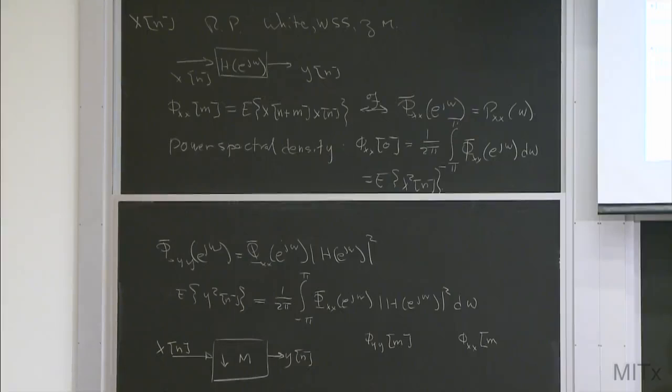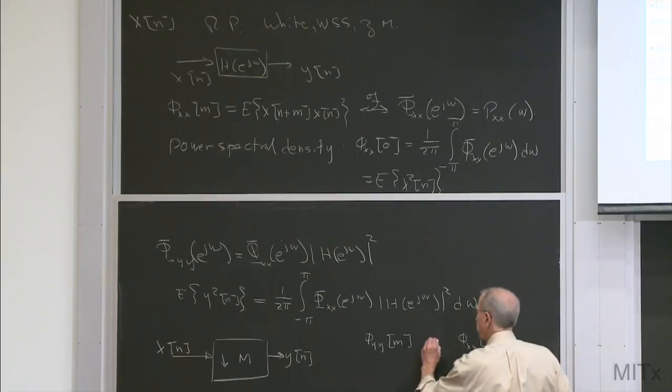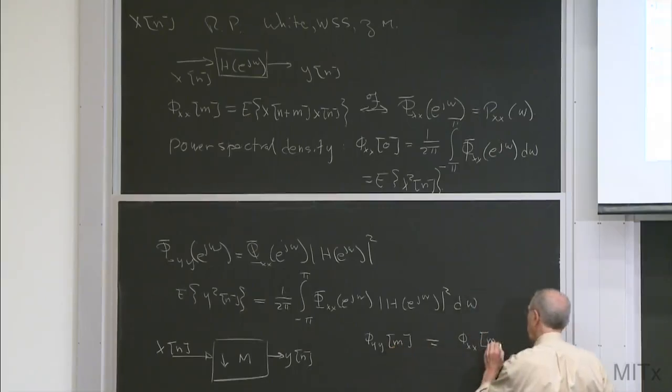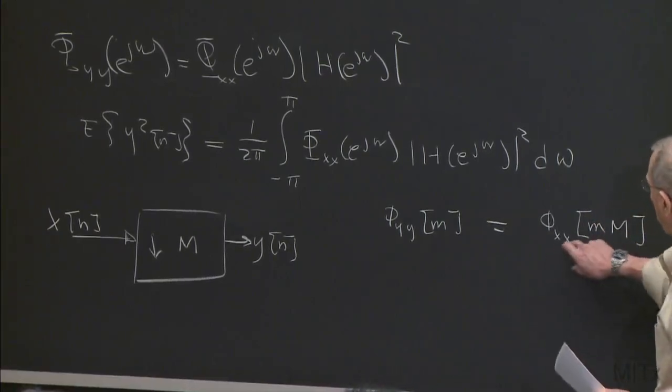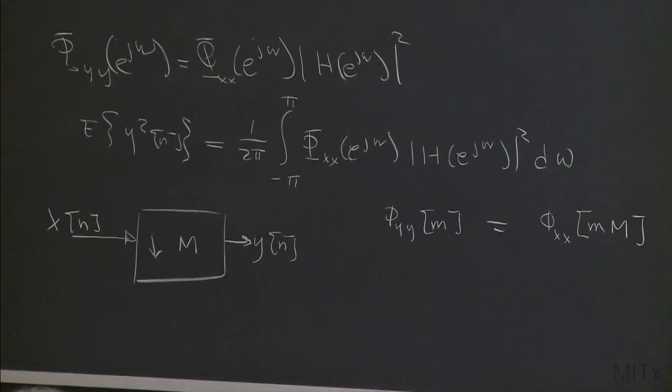And it's just one or two steps, but I really urge you to do these steps, work it out for yourself: the autocorrelation function at the output is simply the result of putting the autocorrelation function of the input through a decimator.